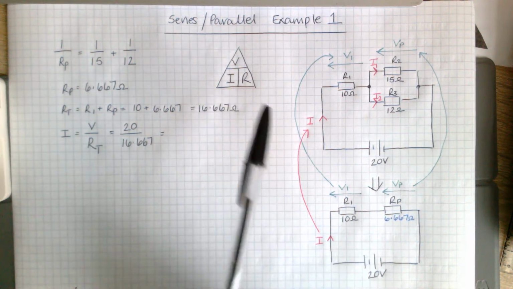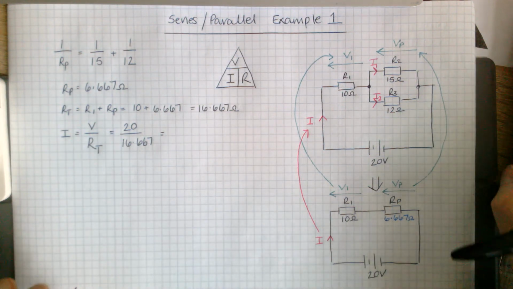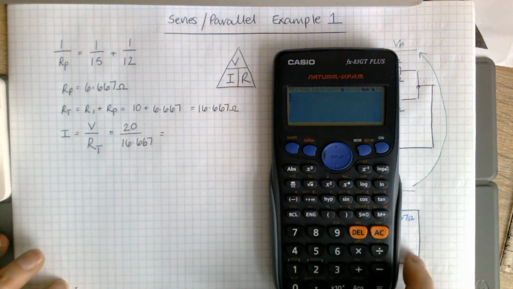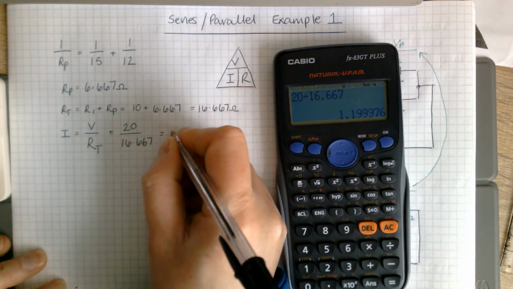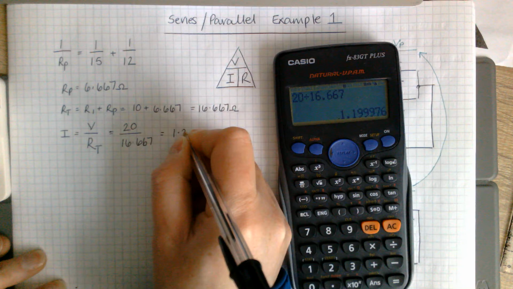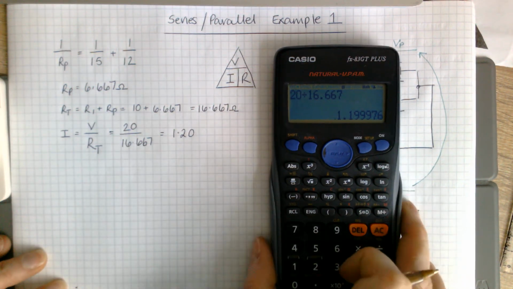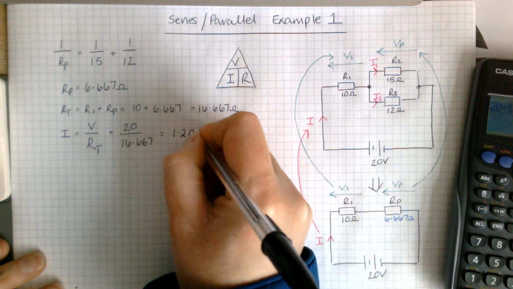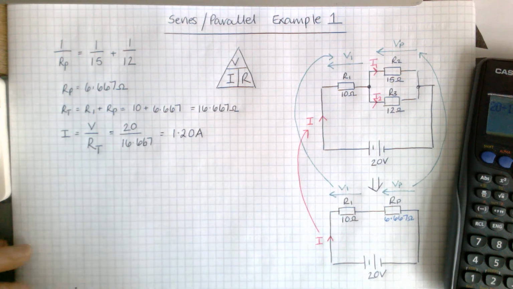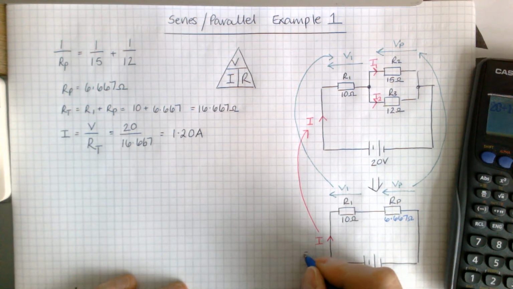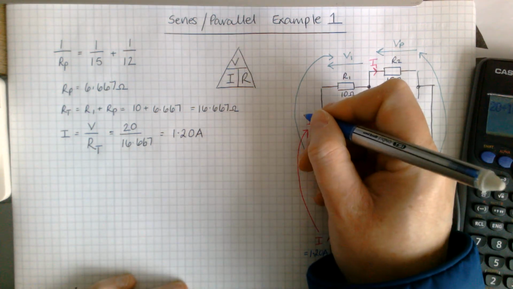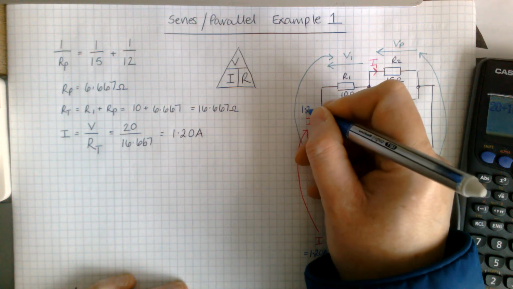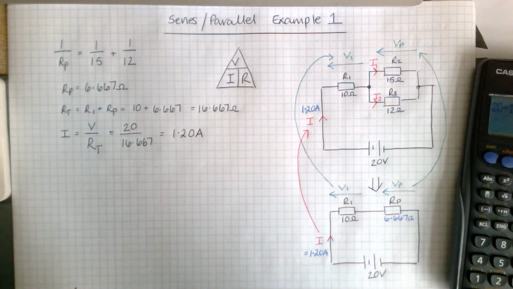Now you can use this formula for a whole circuit or for one component within a circuit. So 20 divided by 16.667 gets me 1.20 when I round that to 4 significant figures. And that's amps. So that 1.20 is the value for the current here. It's the same, these circuits are equivalent.